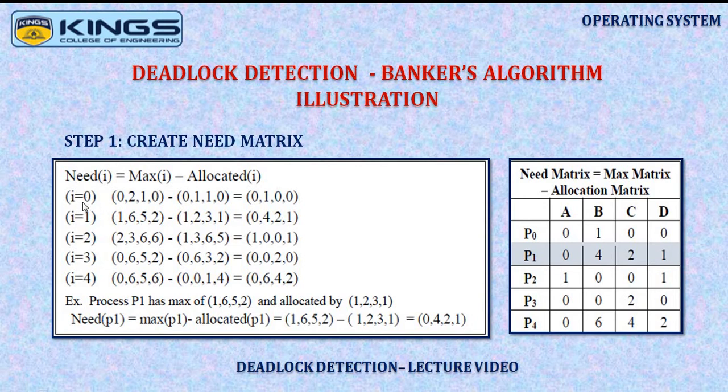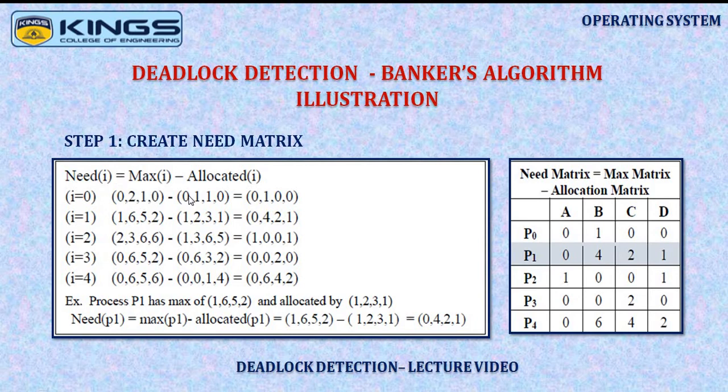The maximum requirement for process 0 is 0, 2, 1 and 0. It doesn't need A resource, but 2 instances of B resource, 1 instance of C resource and 0 instances of D resource. So this is the maximum requirement for process 0.